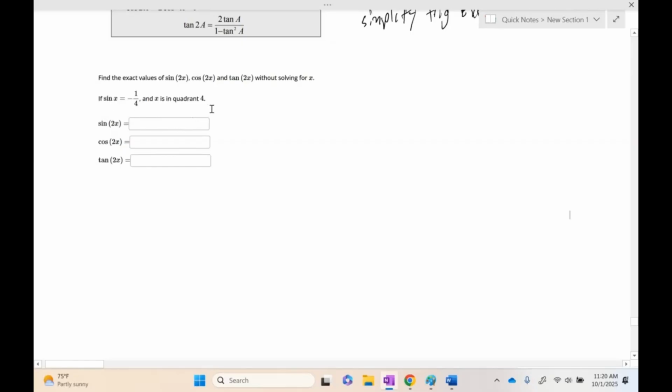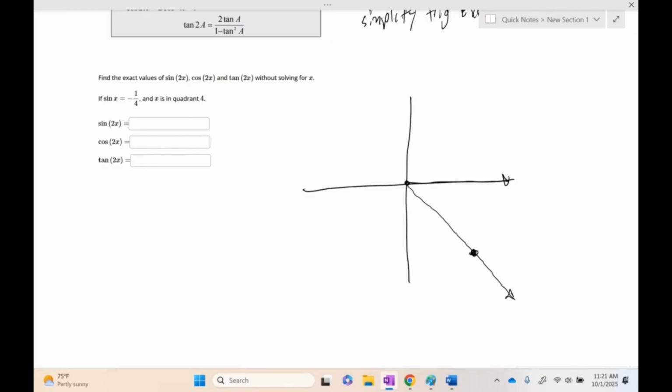My angle is in the fourth quadrant. Remember, all of our angles are in standard position. I'm just going to arbitrarily place a point in my fourth quadrant, and through that point, I'm going to draw my terminal side. So that's an angle in the fourth quadrant.